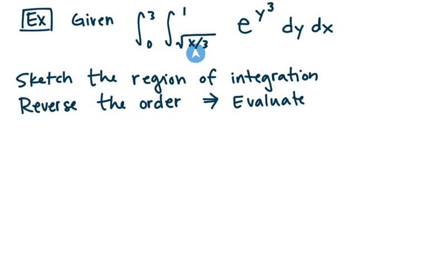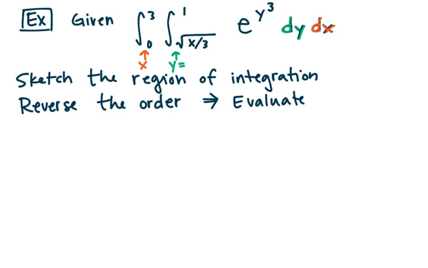So thinking about our region of integration, first we have dy, which means these are two y equals lines or curves, and then we have dx. So 0 to 3, those are my x values.